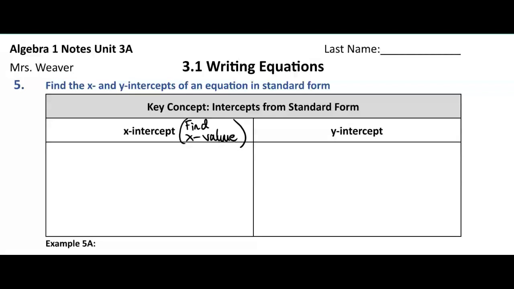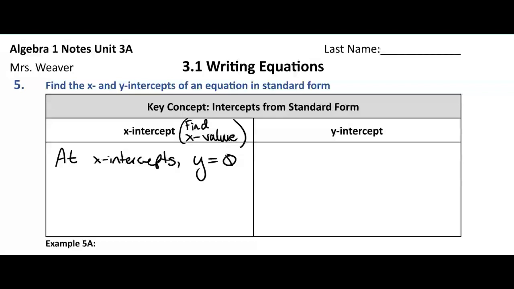Well, what is true when the equation touches the x-axis? What is the thing we know is always true at the x-axis, Rachel? There's always going to be a 0 in one spot. Yes, so at x-intercepts, y equals 0.